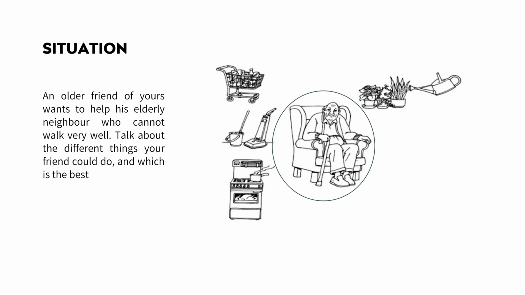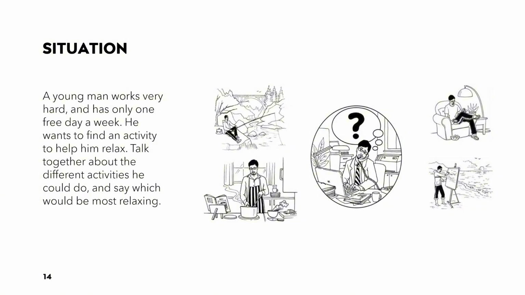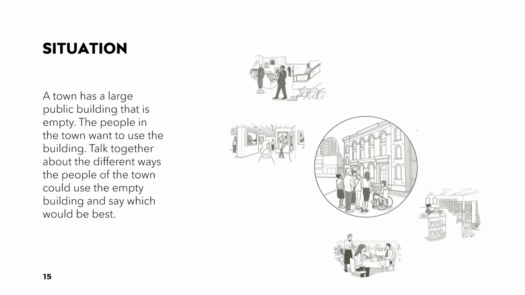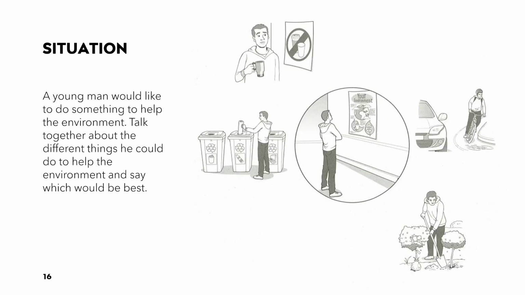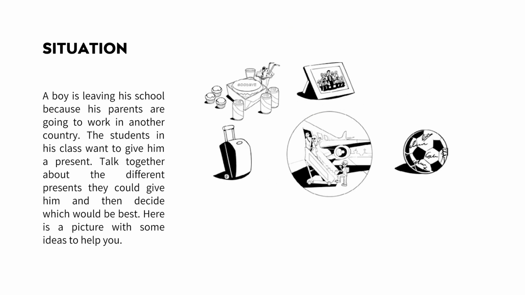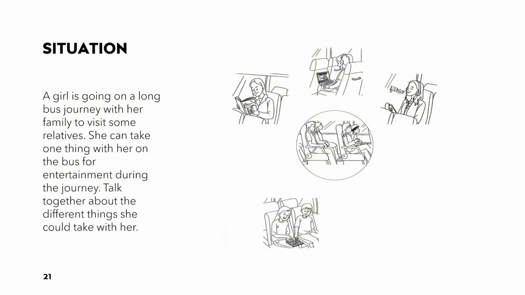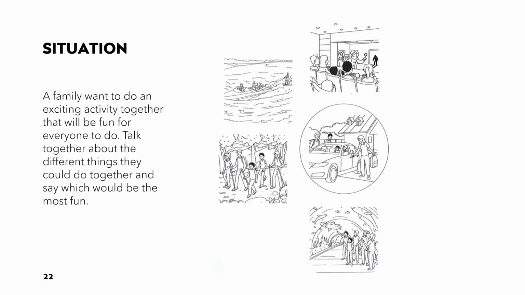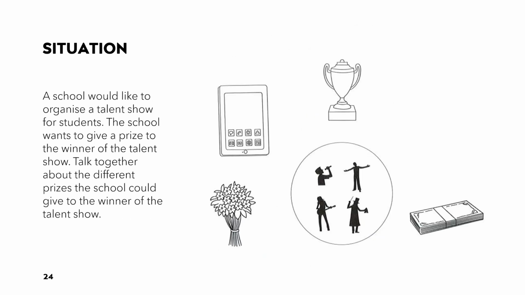For example, in this one, maybe you buy something for them, or they want to relax, what can he do, or something like this. You can look at this in the slides I will give you, don't worry, and the activities are in the slides, so you can do them as practice at any time. There are a lot of situations here which will be very helpful for you to practice.